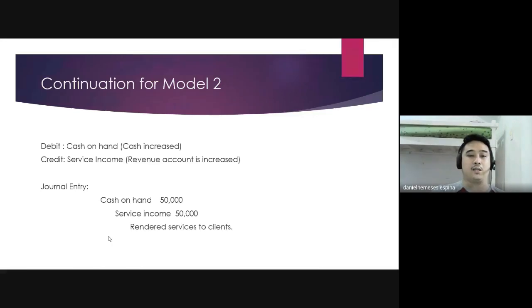The only limit is that it should be related to the transaction. But the debit or credit, you cannot make up what to debit or credit. So you follow what's on the chart of accounts.